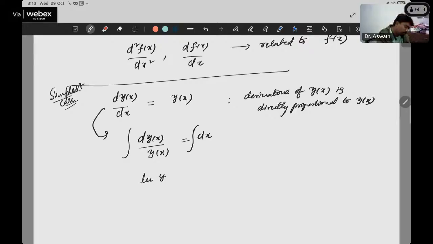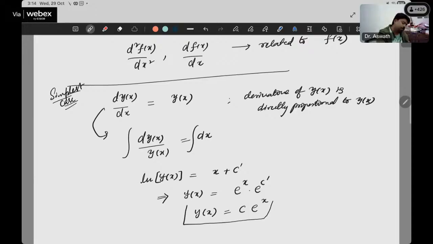Integrating, log of y of x is equal to x plus some constant. Let me call this constant c prime. You send the natural log to the other side: y of x is equal to exponential x into exponential c prime. I'll call exponential c prime some constant c, so y of x equals c exponential x. That's why I introduced c prime instead of c earlier.